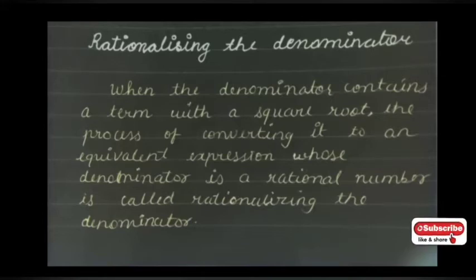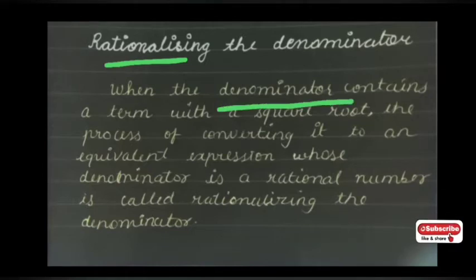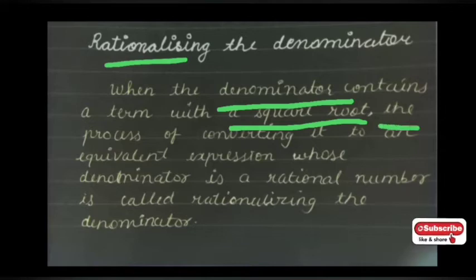Rationalization, the name itself symbolizes that it is something related to rational numbers. When you are rationalizing the denominator, what you are actually doing is this: when the denominator contains a term with a square root, or any other type of root, you convert it into an equivalent expression.